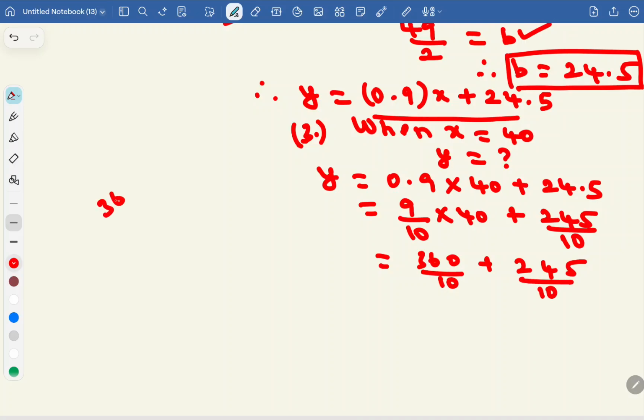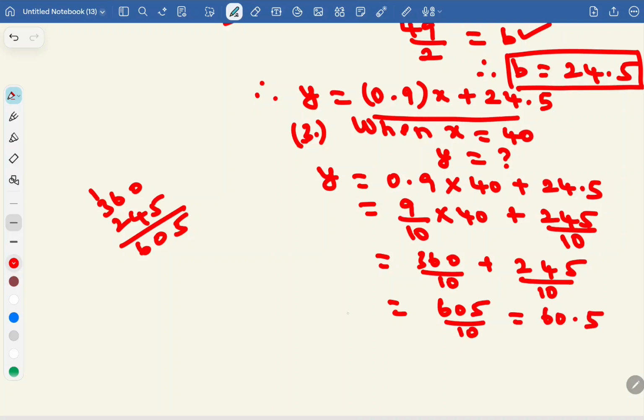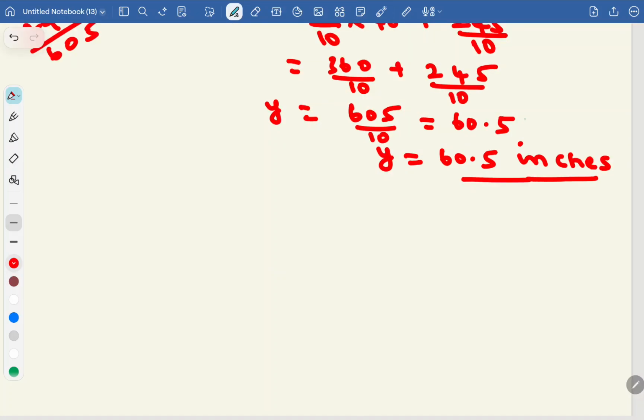If we add 360 and 245, we get 605 by 10, that is 60.5. This is y. y equal to 60.5 inches is the correct answer.